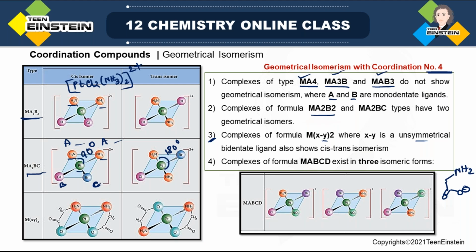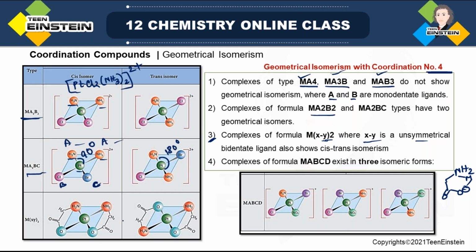Glycine is the simplest amino acid, with formula NH2CH2CO2H, but here we have removed the acidic proton, so these two will be the donating sites. As it is a bidentate ligand, two ligands are enough to show these cis-trans isomers. So XY is an unsymmetrical bidentate ligand.